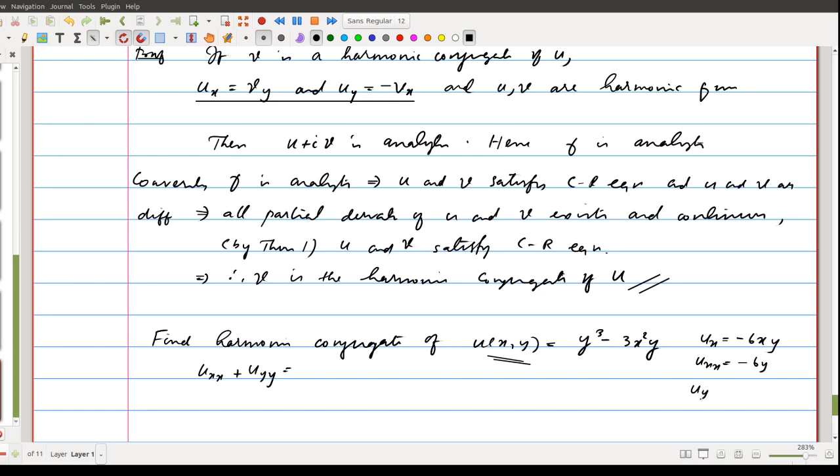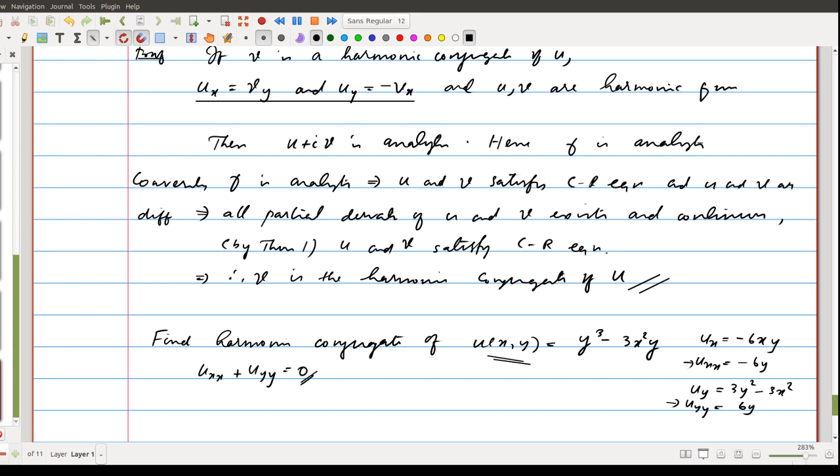Similarly you can write u y is 3y square minus 3x square, and u yy is equal to the derivative with respect to y, that is again 6y. When you add or sum up these two quantities, you get 0.